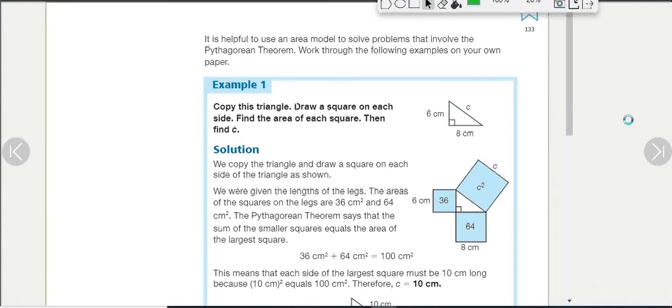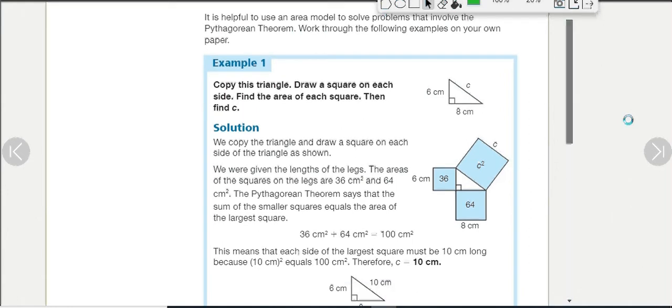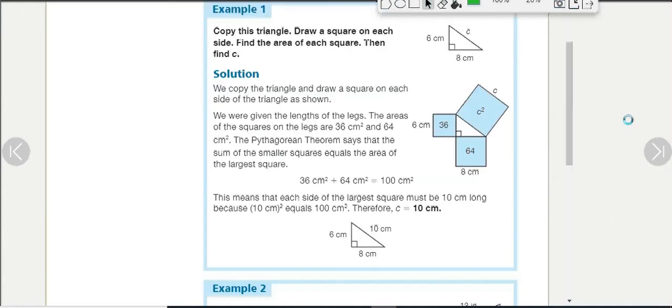So I want you to go ahead and do example 1 along with me, maybe on graph paper, just so you can count your lengths, or you could just measure them with a ruler, or I guess you can just write them out like this book does. But it'd be good to have this as a proof. We're going to prove that a squared plus b squared is c squared.